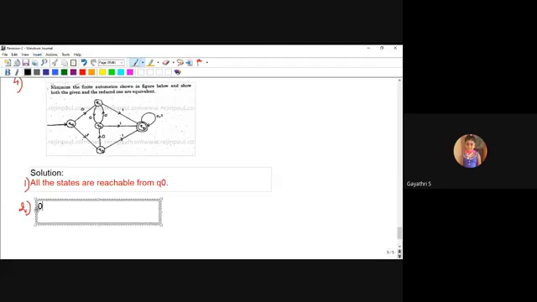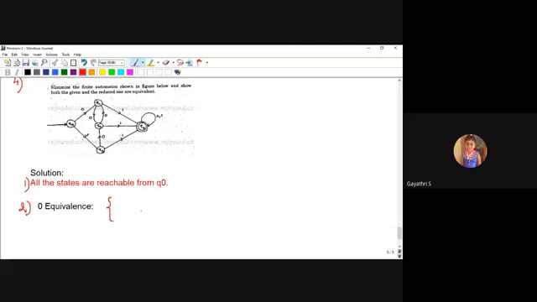So the non-final states are Q0, Q1, Q2, Q3. Then the final state here is Q4. This is zero equivalence.